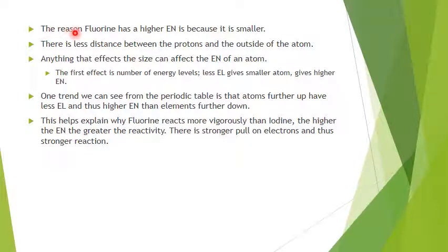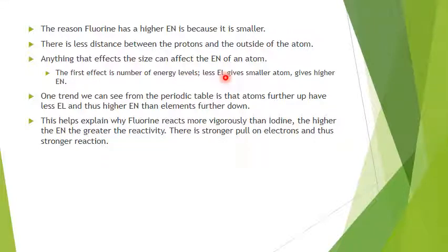Okay, so again, the reason fluorine has a higher electronegativity is because it is smaller. That means there's less distance between the protons and the outside of the atom. Anything that affects the size can affect the electronegativity of the atom. The first effect that we noticed right now is the number of energy levels.